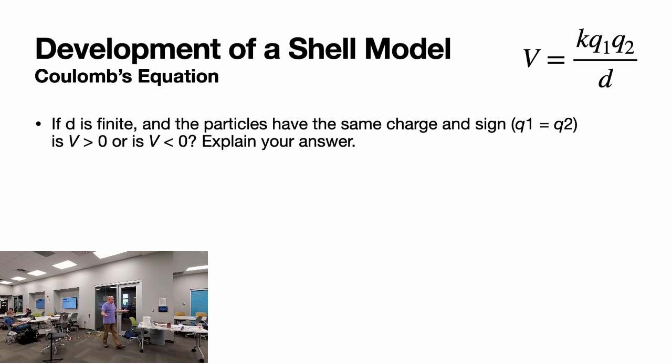So there's repulsion. If you have a positive and a negative, they're going to attract. And if you have a positive charge and a negative charge, V has to be negative. So attraction is a negative potential energy.